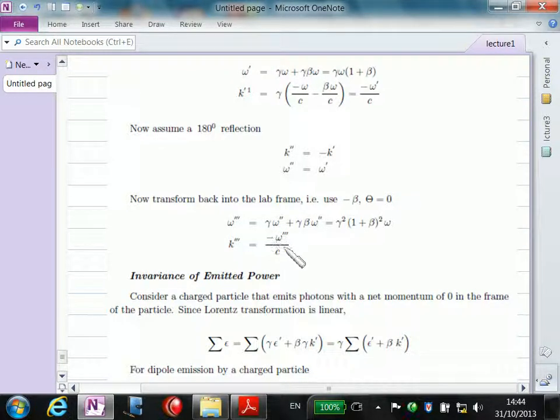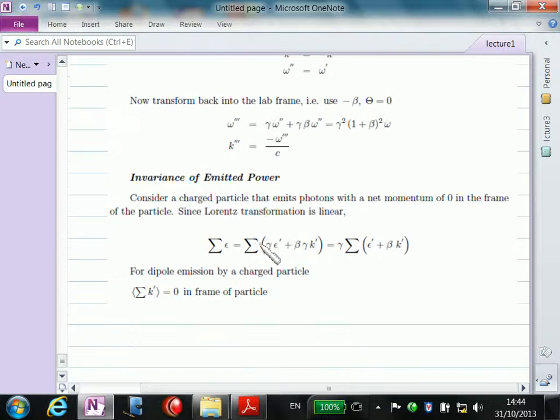Now you can show that one thing that stays the same, just by chance, is the emitted power.